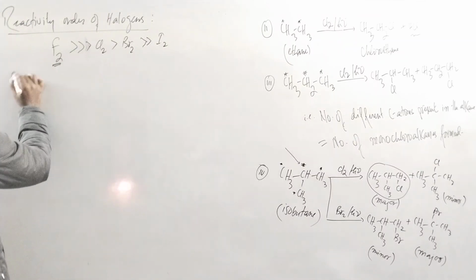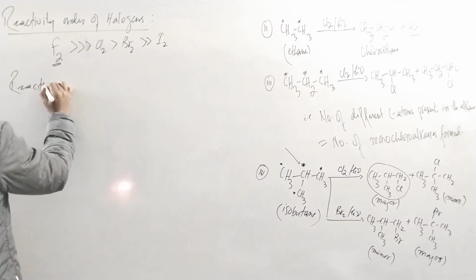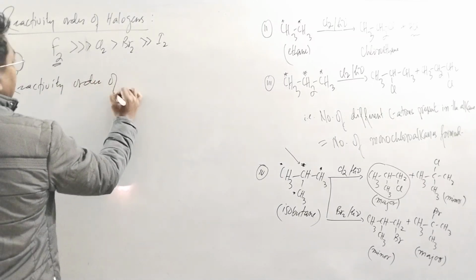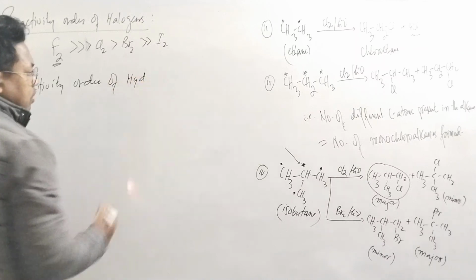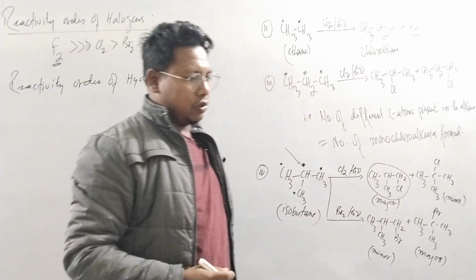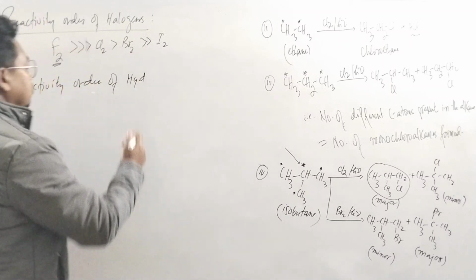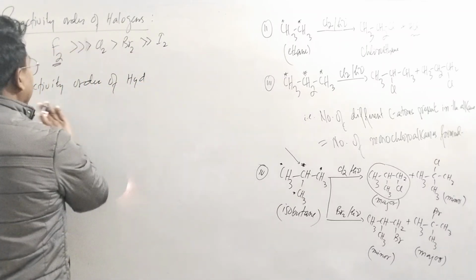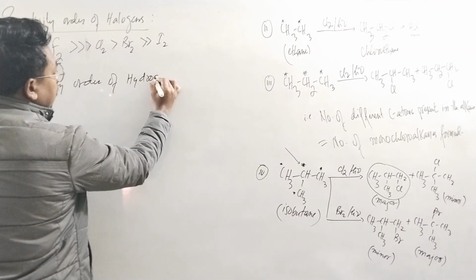Okay, another reactivity order is reactivity order of hydrogens, because substitution of hydrogen takes place. So which hydrogen is more reactive, that is important to note. Okay, reactivity order of hydrogens.